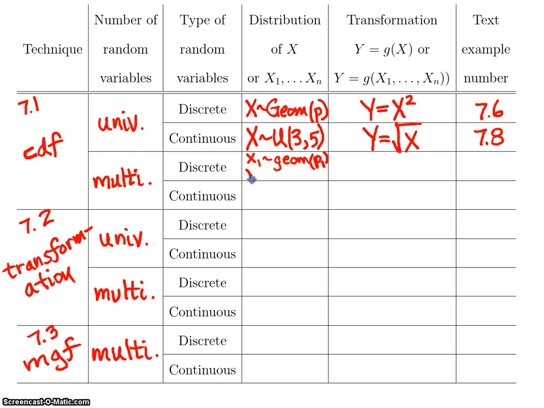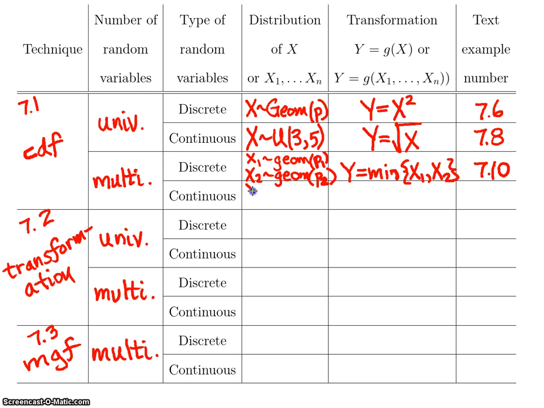And in the second, we will have X2 be geometric with parameter p2. The interest here will be in the transformation Y is equal to the minimum of the random variables X1 and X2. This particular example is example 7.10 from the textbook.